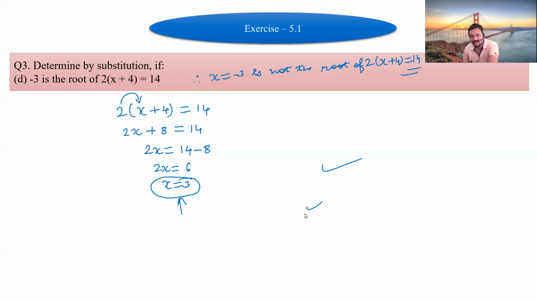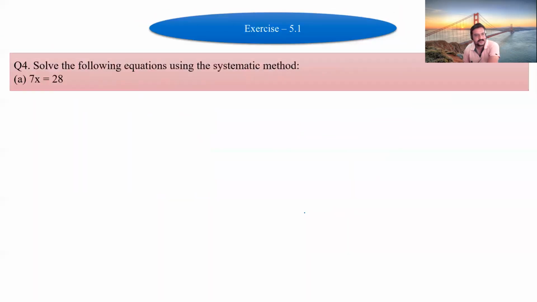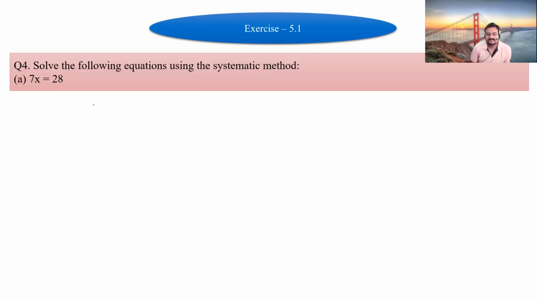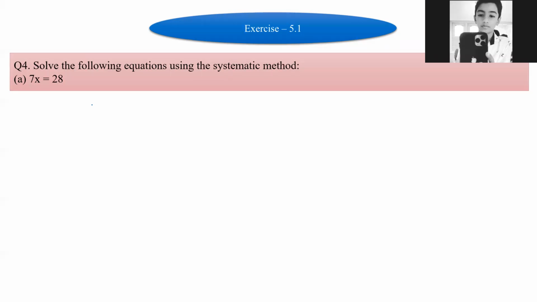Okay, the last 2-3 minutes are remaining. Fourth question, first one. Who will do fourth question, first one? Systematic method. Yes, Harshvardhan Jadhav, speak. Yes, sir. Sir, 7x is equal to 28. x is equal to 28 upon 7.